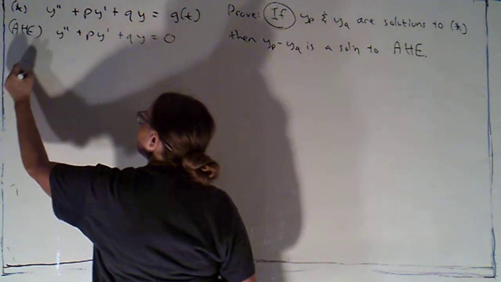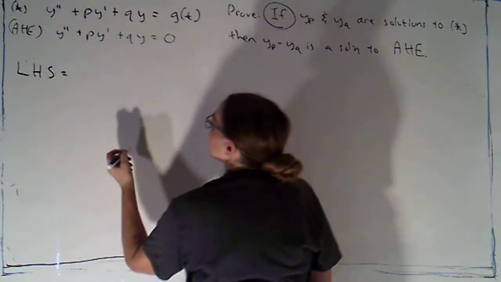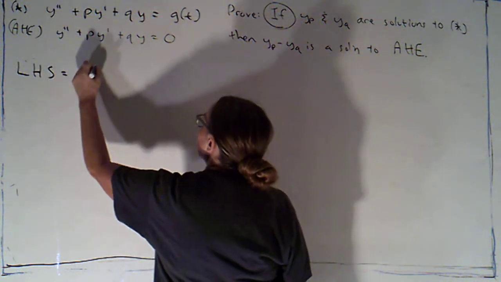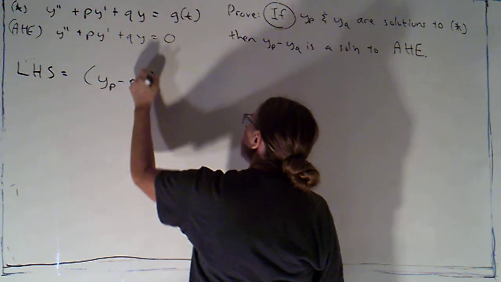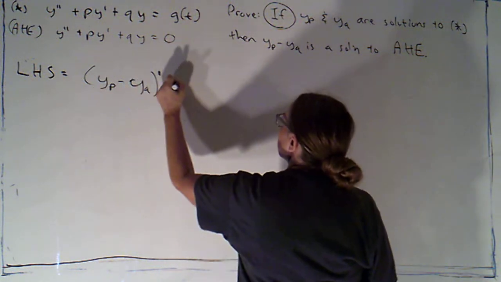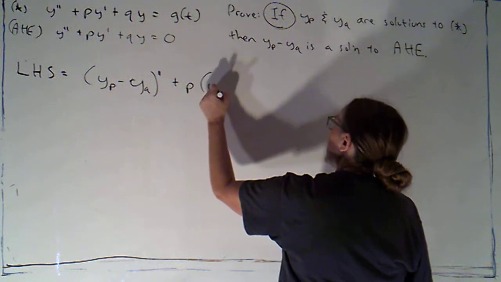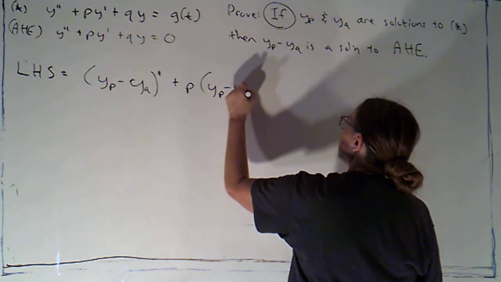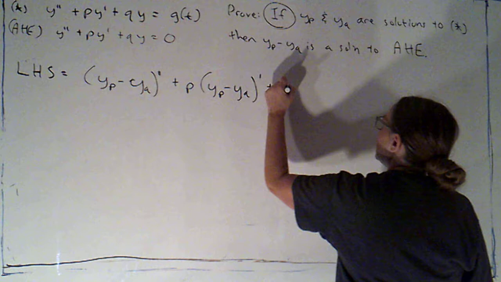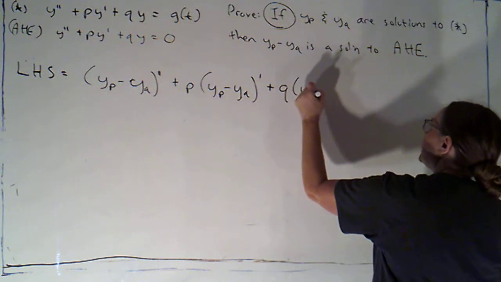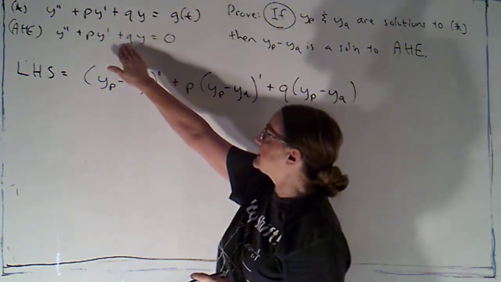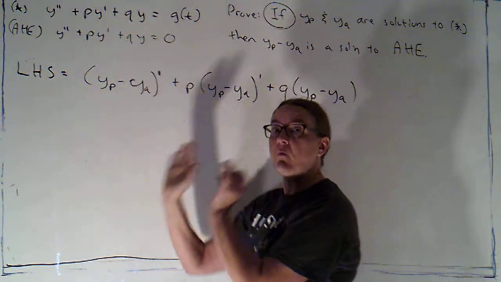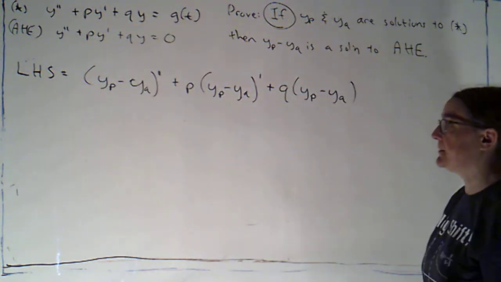So, if I look at my left-hand side, that was yp minus yq double prime plus p times yp minus yq prime plus q times yp minus yq. So that was just the left-hand side of this equation with yp minus yq plugged in.